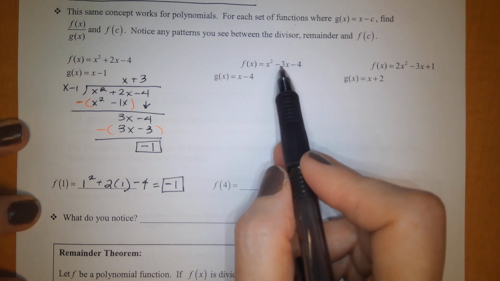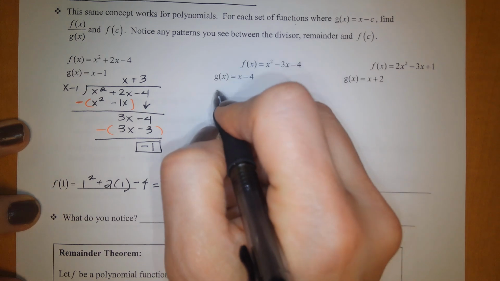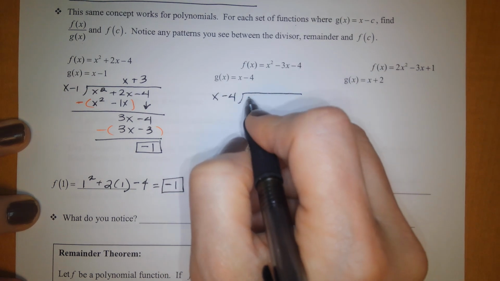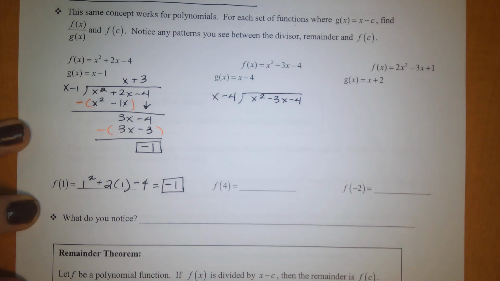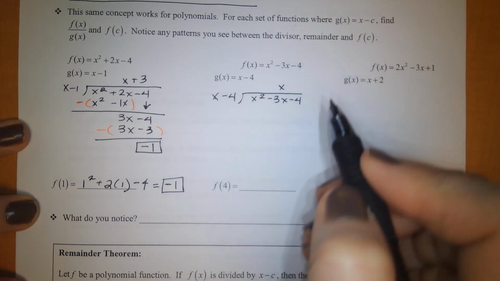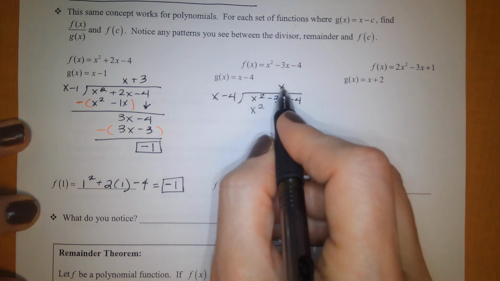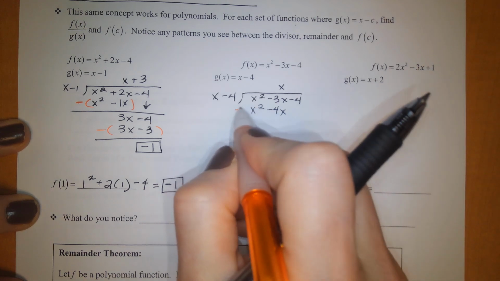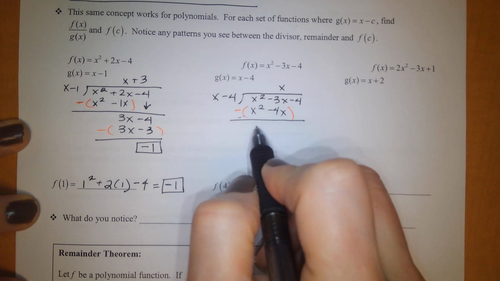Let's take this f, and we're going to divide this g into this f. X minus 4 is g, and we're going to divide that into x squared minus 3x minus 4. X divides into x squared x amount of times. X times x is x squared. X times negative 4 is negative 4x. When I subtract this whole line, the first terms cancel.